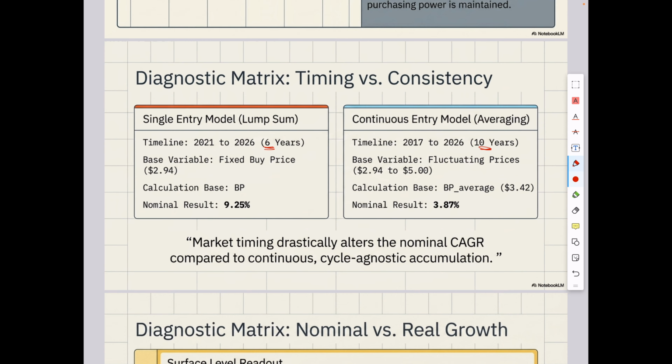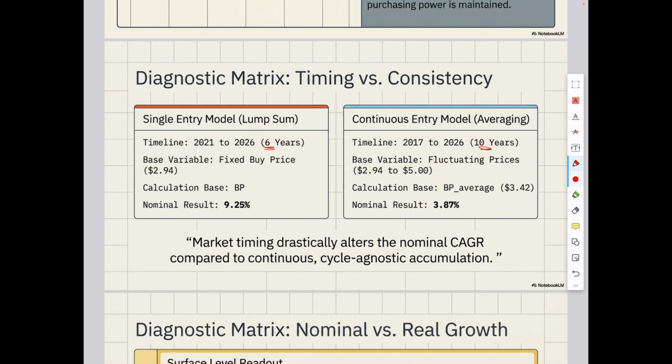Because if I enter at a market high and after 10 years it actually goes down, you may be under water, which I don't want to happen, because I won't be happy if I lose money. But if you buy at the market low and it recovers and doubles, of course you'll be happy, right? So with the continuous entry model, through averaging, yes, the nominal rate may not be great, but at least you are not tied down by a single fixed price.